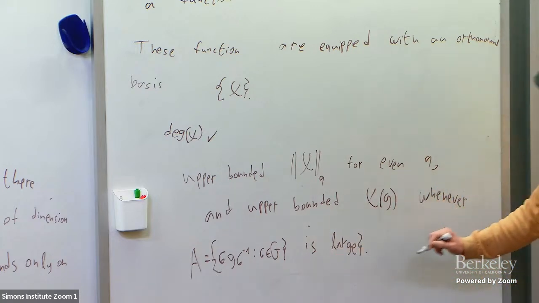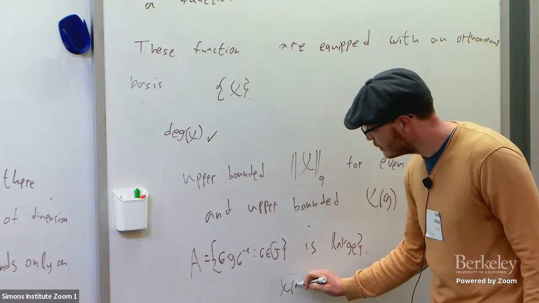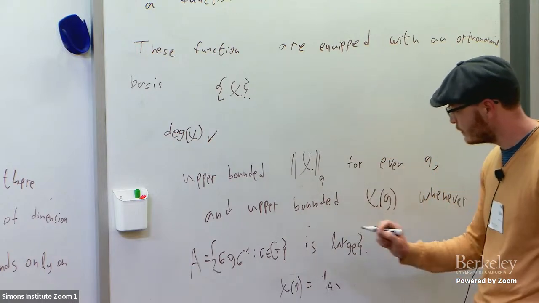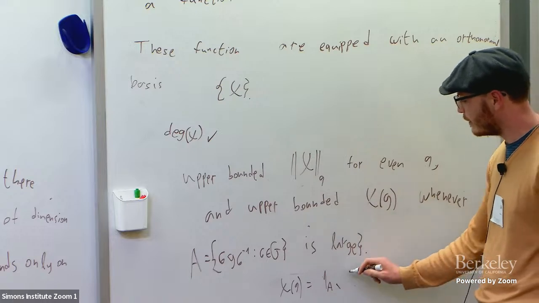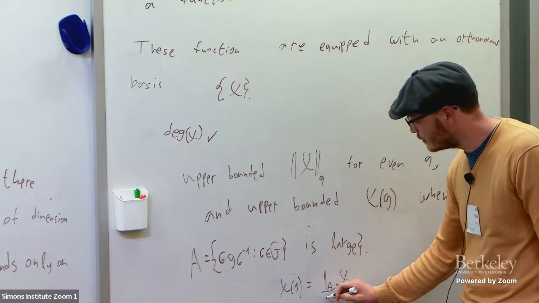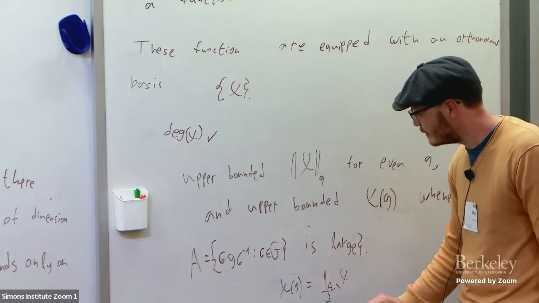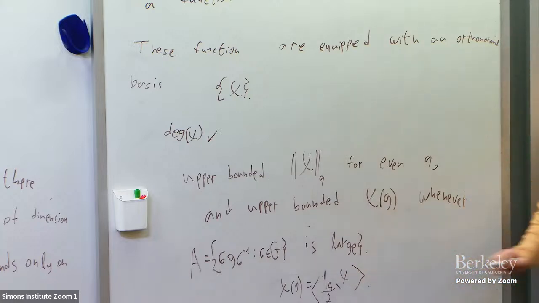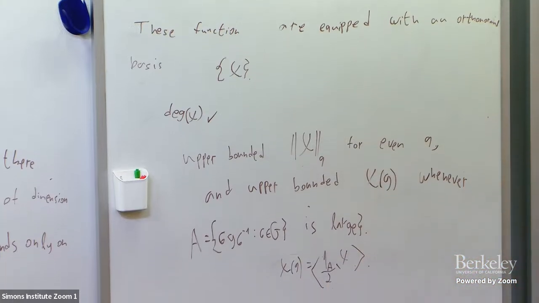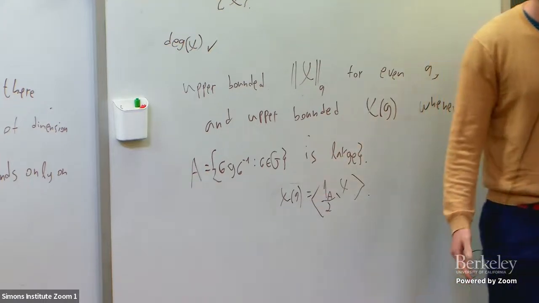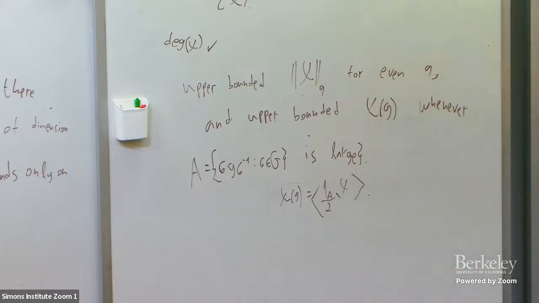So chi of g is the inner product between the set and the character, you have to normalize by the density, and upper bounds on the Q norms of the characters correspond to upper bounds on these values, and these have numerous applications in group theory.